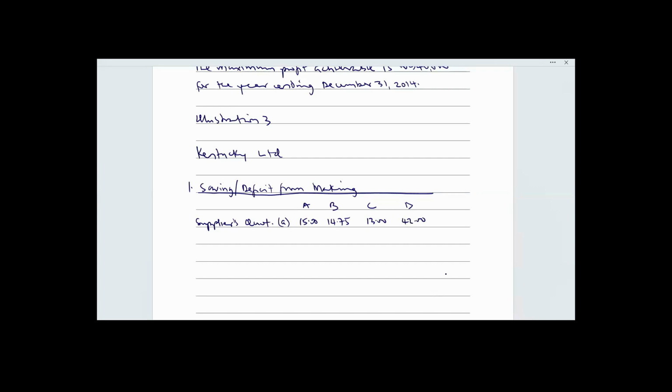So I will compare this with the relevant cost of making the components internally.